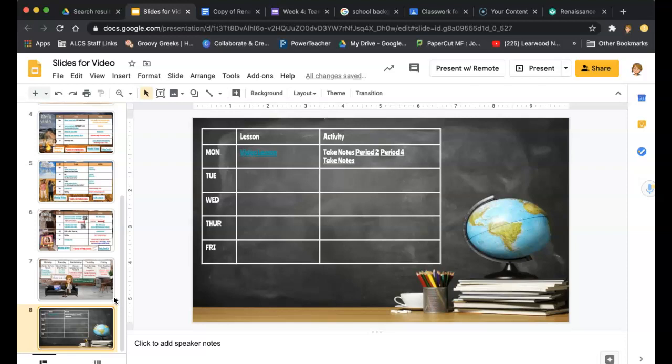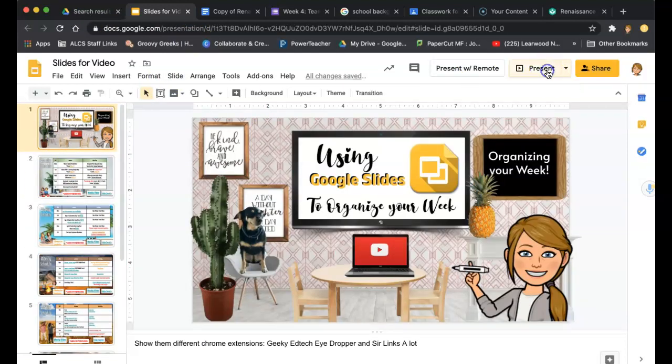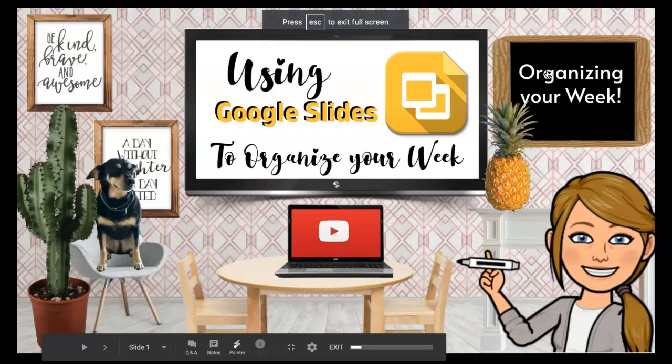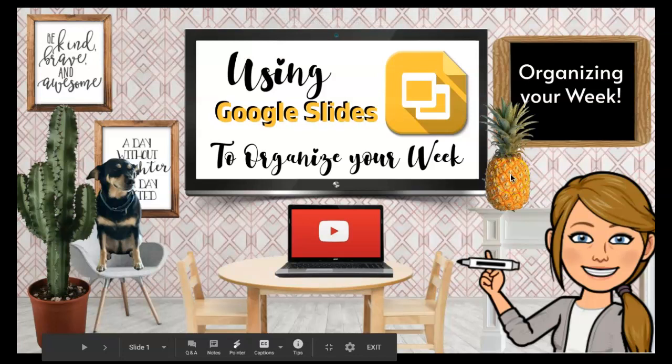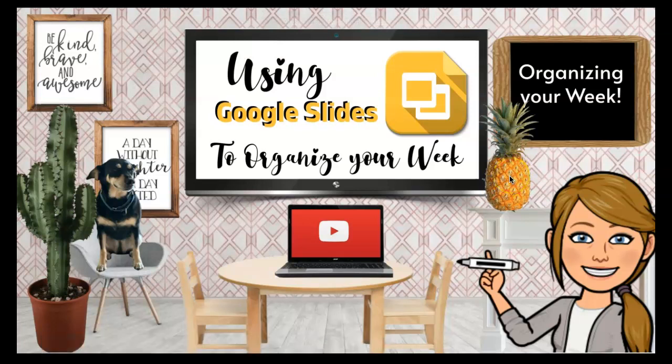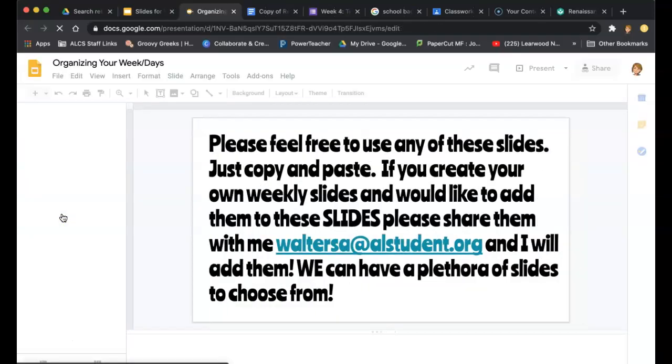If you click on the cactus, it'll actually take you to a folder. So let me go back to the presentation. The pineapple will take you to a video that shows you some cool extensions if you want to learn about some cool extensions. The cactus will take you to a resource that you can use.